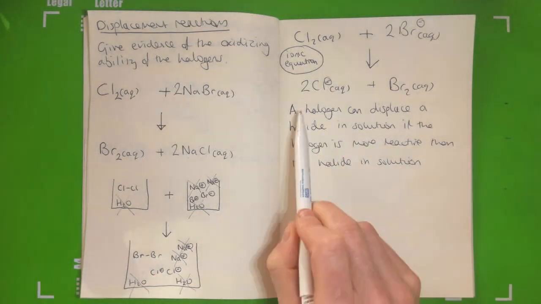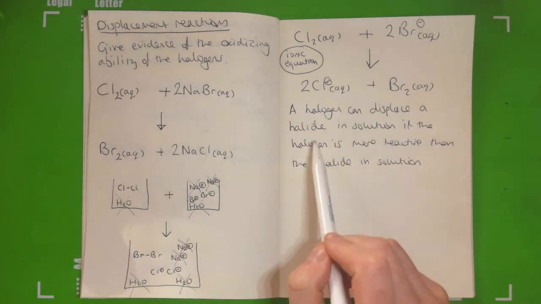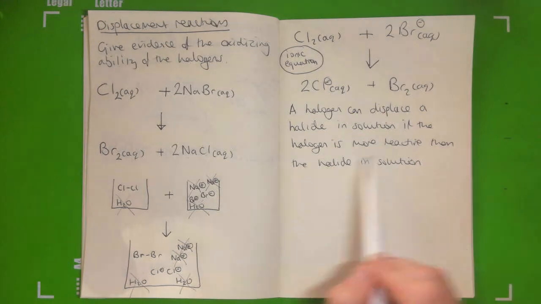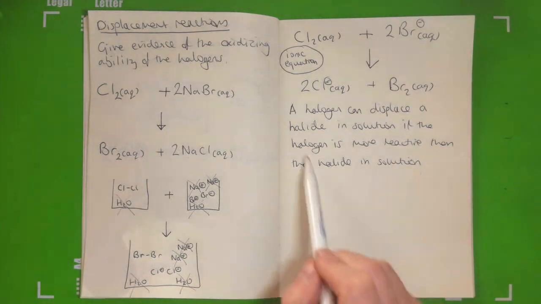Okay, so here's our rule. A halogen can displace a halide in the solution if the halogen is more reactive than the halide in solution. Okay, bit of a tongue twister, but let's have a look.